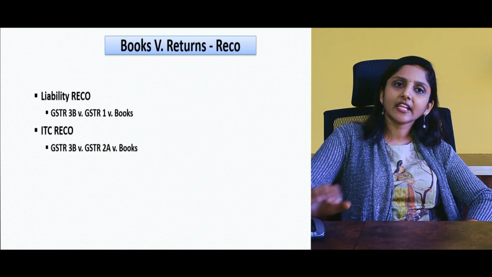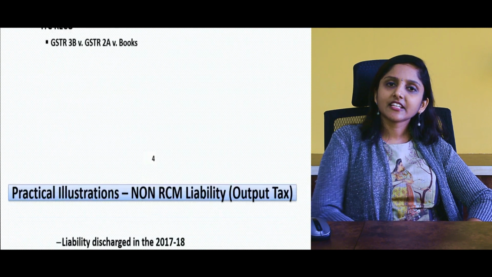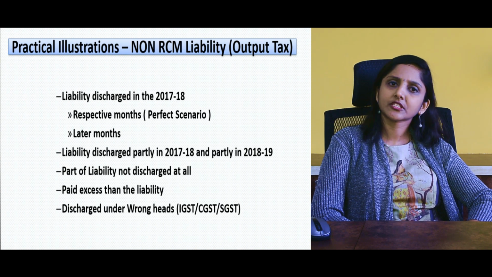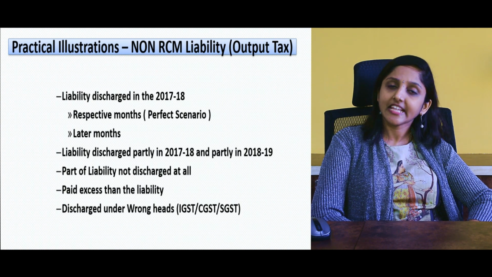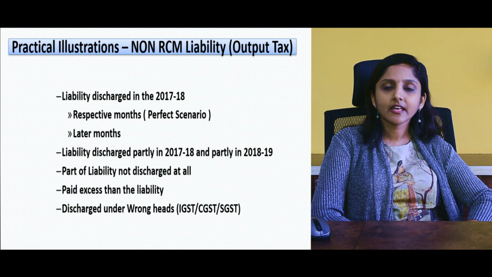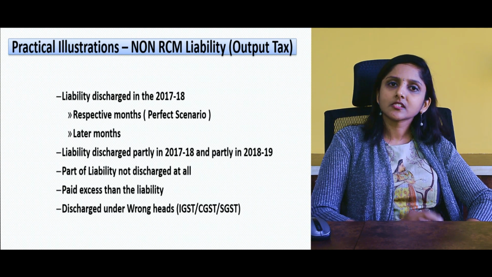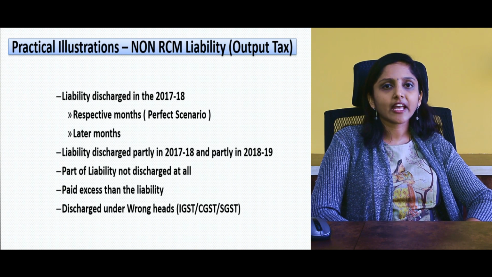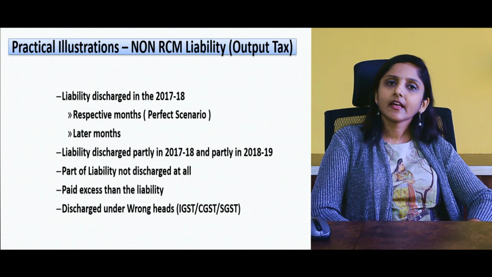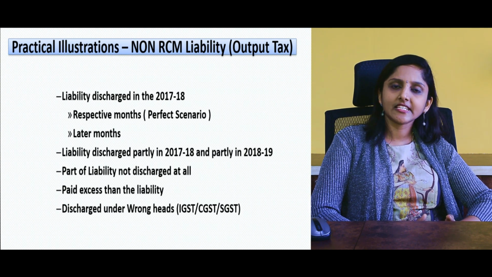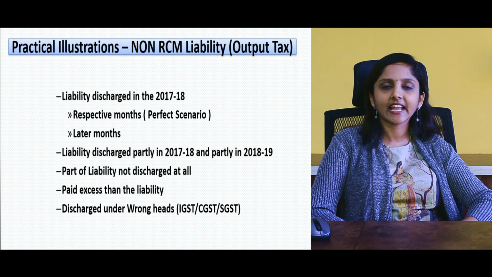Let's limit our discussion to the liability. Let's say that when this reconciliation was carried out, these possible scenarios emerged. One, the liability was discharged in 2017-18 itself in the respective months. Second, although discharged in the same year, there was postponement of the discharge of liability to the forthcoming months. The third scenario could be that part of the tax has been discharged in 17-18 and part in 18-19.